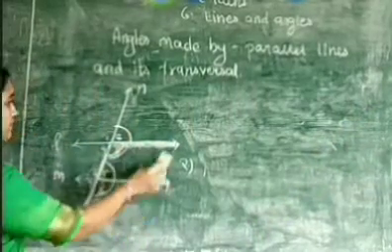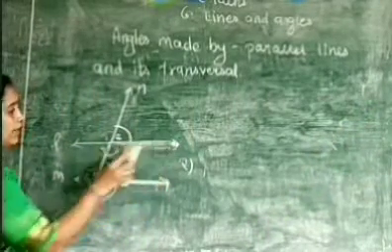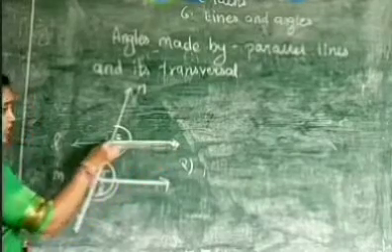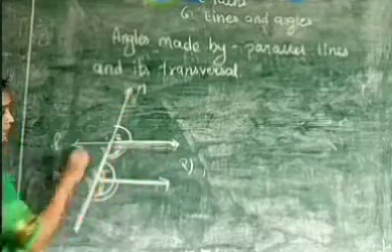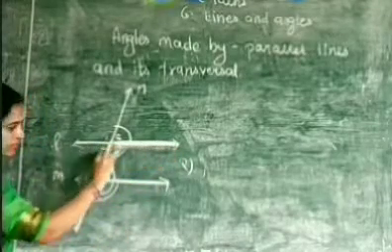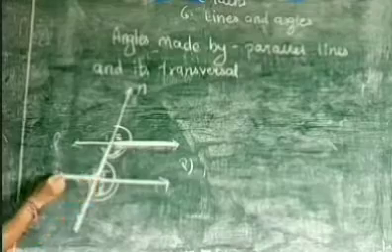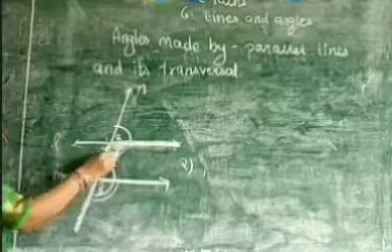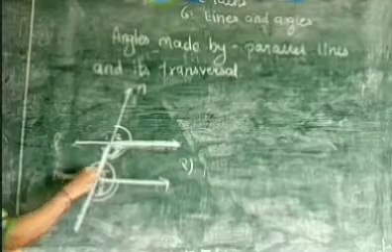Now see the diagram. Here we want to write the alternate interior angles. This is your diagram. Now make a Z. This is your Z. Here angle 3 is equal to angle 6.